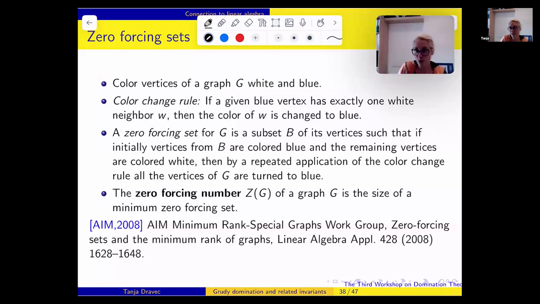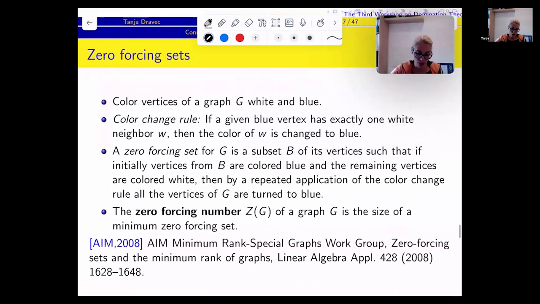So as I promised, I will present the relation of Z-Grundy domination number with zero forcing number. So we have a graph and we color the vertices with white and blue. And the color change rule says that if a given blue vertex has exactly one white neighbor, then we will color this white neighbor with blue. Okay?